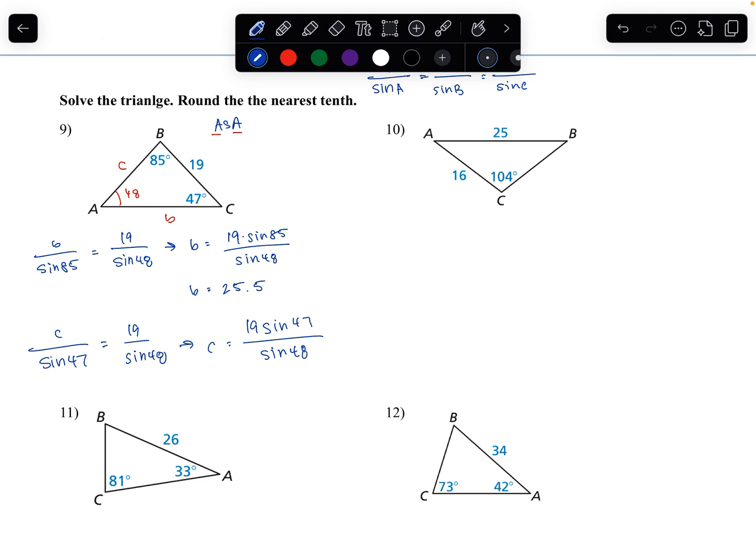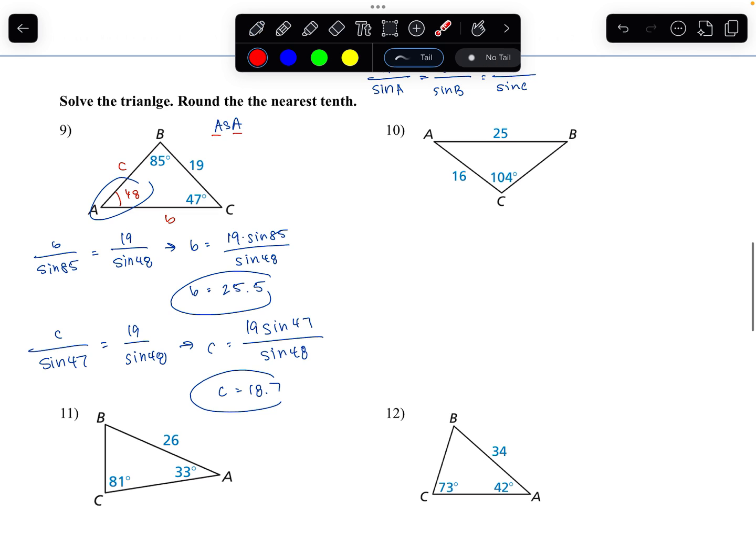So 19 sine of 47 divided by sine of 48, and I've got that C is equal to 18.7. So I've got every part that I needed right there.